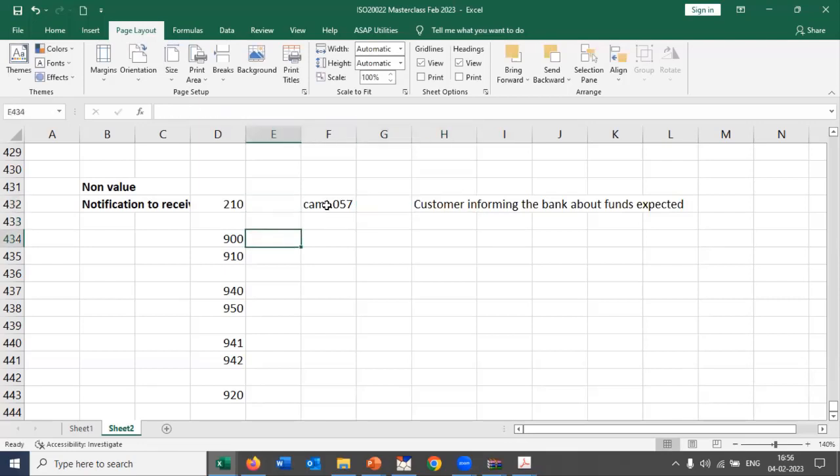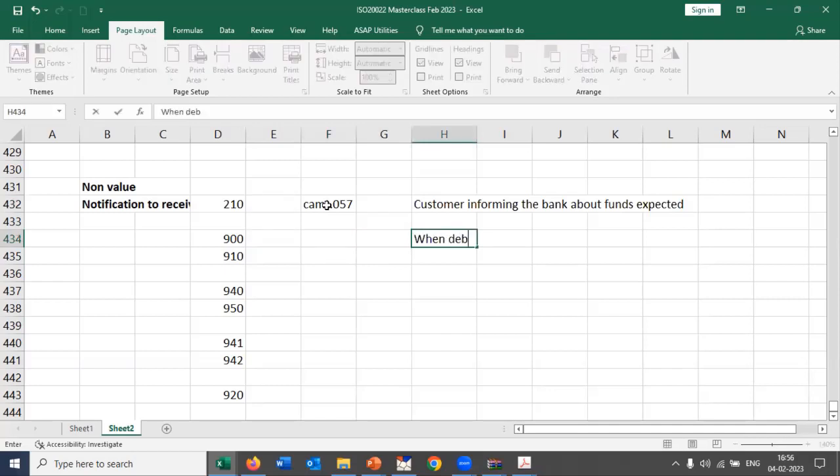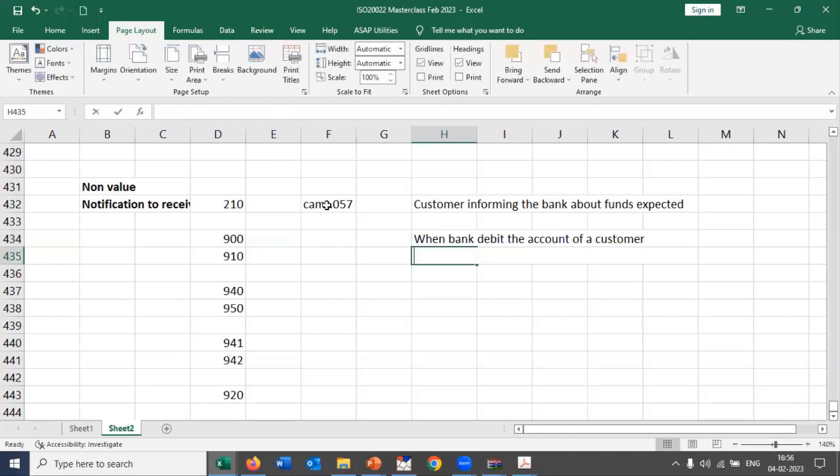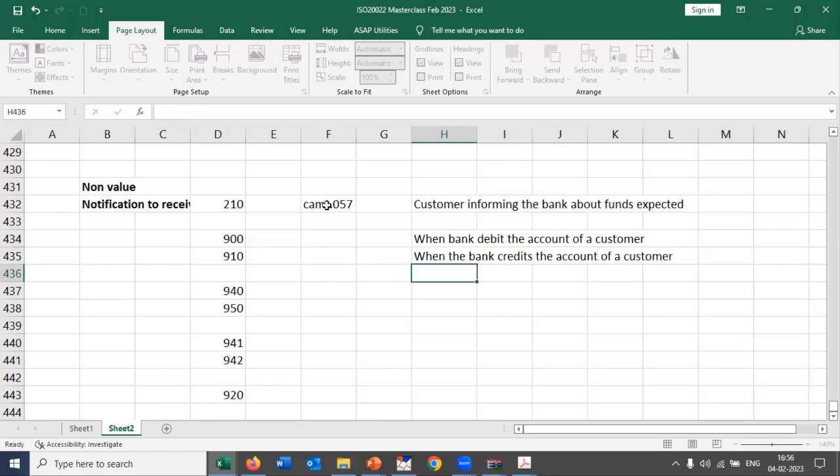When it comes to MT900, it is called confirmation of debit. When a bank debits the account of the customer, then they issue 900. When the bank credits the account of a customer, then it issues the 910, confirmation of credit.